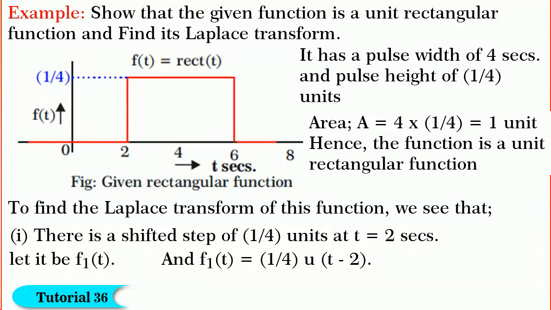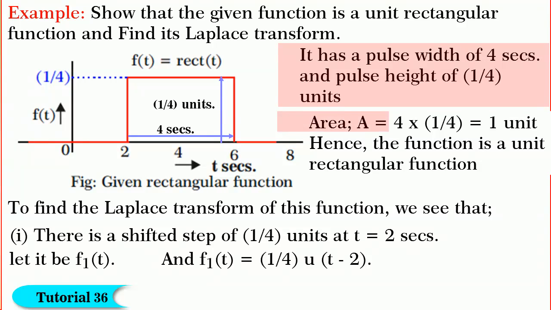Observe the given function. It has a pulse width of 4 seconds and a pulse height of 1 by 4 units. So, area A is equal to 4 into 1 by 4, which will give us 1 unit. Hence, the function is a unit rectangular function.